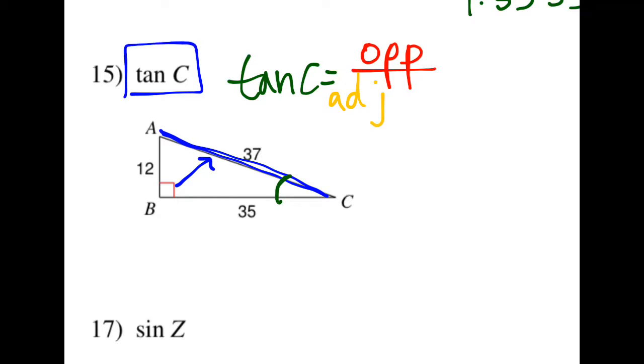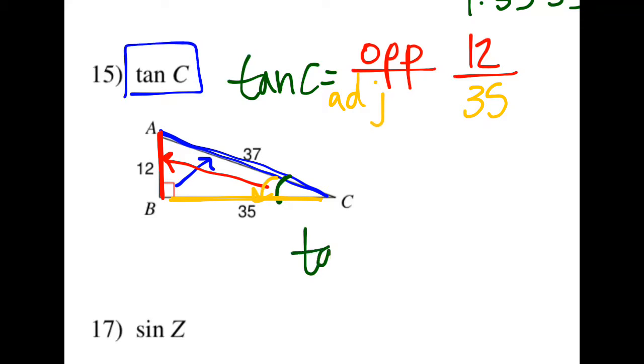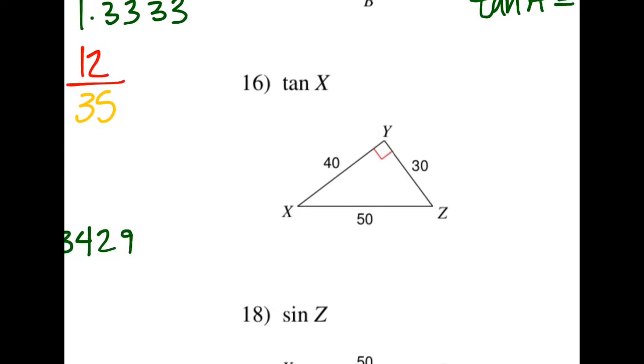So the opposite side over here is 12. And the adjacent side, which is next to that angle or touches that angle, is 35. Take 12 divided by 35 in your calculator, and you're going to have a number that's repeating forever and ever. We're just going to round it to 4 numbers after the decimal, 3429. Tangent of C is equal to 0.3429.